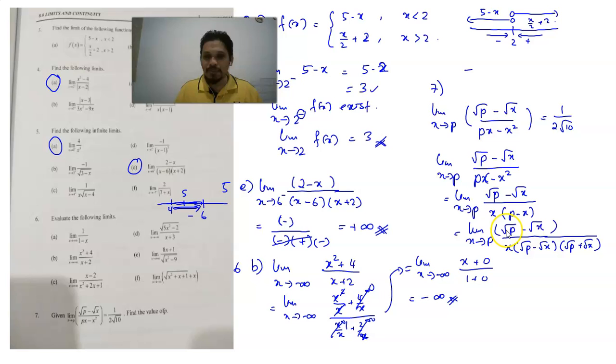Square root of P minus square root of x clear between these two. I clear this, you already get the answer.